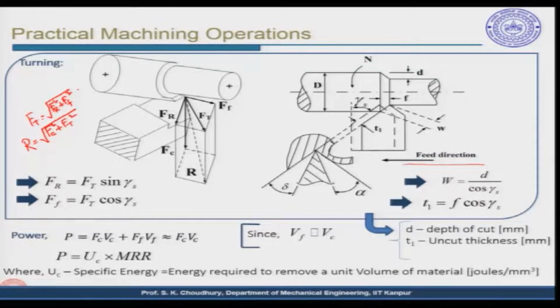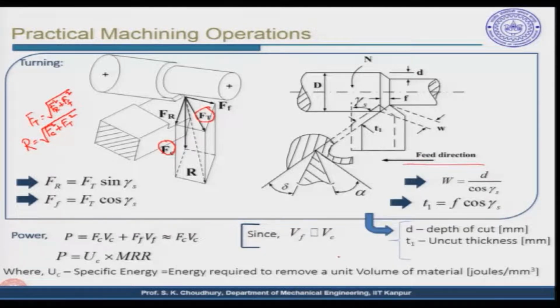Ft is here. So, these are basically the 4 components, that is Fr, Ft, Ff and Fc, and the main 2 components are Fc and Ft. Therefore, I also said earlier that when cutting forces are measured, normally these 2 components, Fc and Ft, are measured.